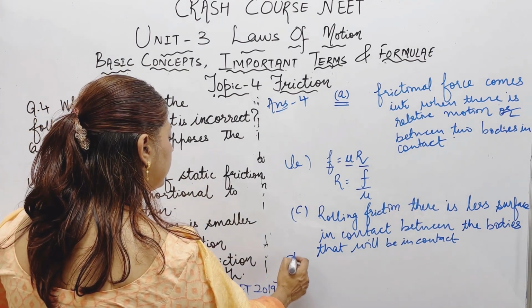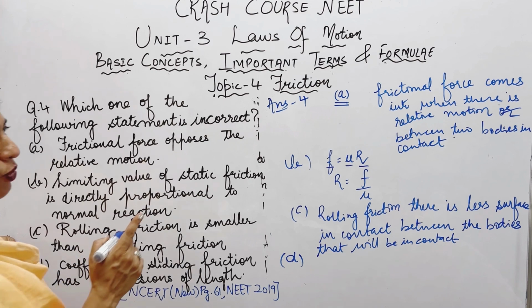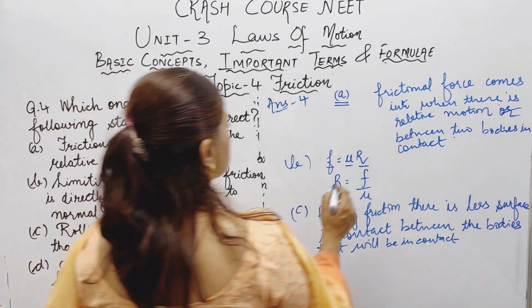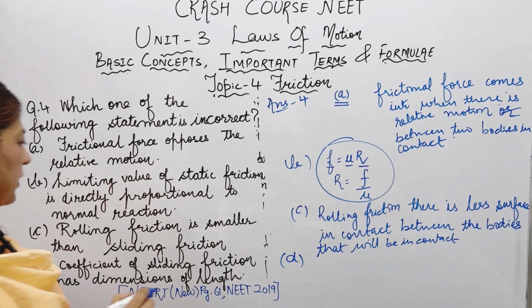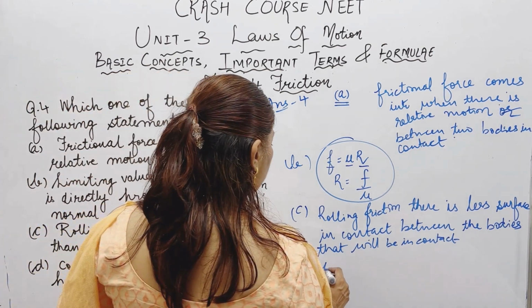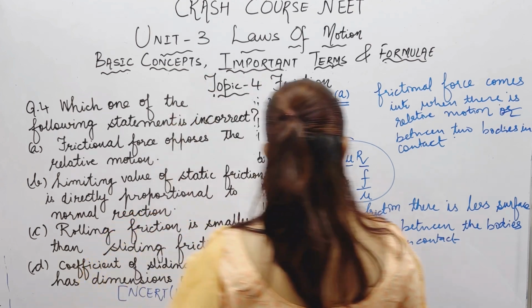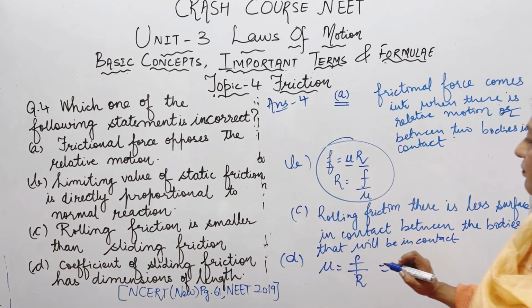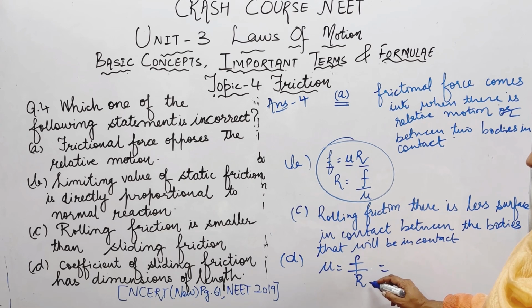Then option D, coefficient of sliding friction has dimensions of length. If we look at this formula, the coefficient of sliding friction, mu, is equal to F upon R, where F is the force and R the normal reaction, again that is a force.